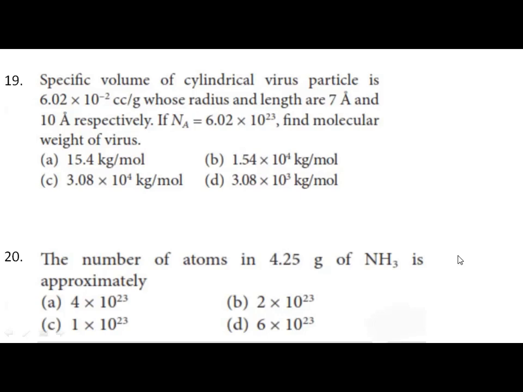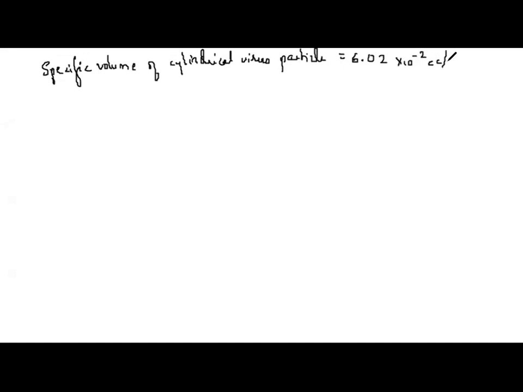So they have given there is some virus. Its specific volume is, so what is the specific volume? Specific volume is the volume of 1 gram of the cylindrical virus particle, which is 6.02 into 10 raised to minus 2 cc per gram.